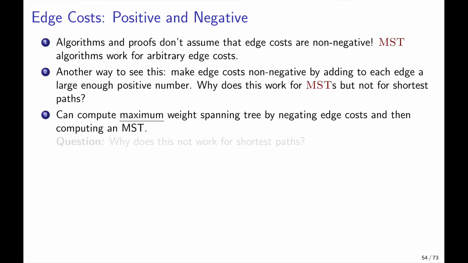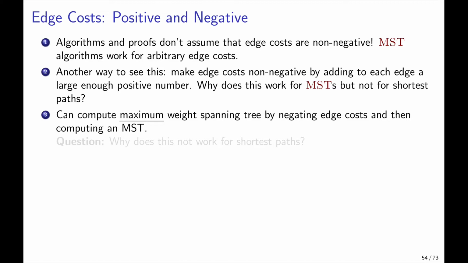Okay, what about positive and negative weights, if we allow arbitrary weights? The MST algorithm, as I just said, doesn't care about the weights. It only cares about the relative ordering. So if edges are negative, that's fine. Just run the algorithm. The algorithm just uses the weights to order the edges. That's the only thing it does.